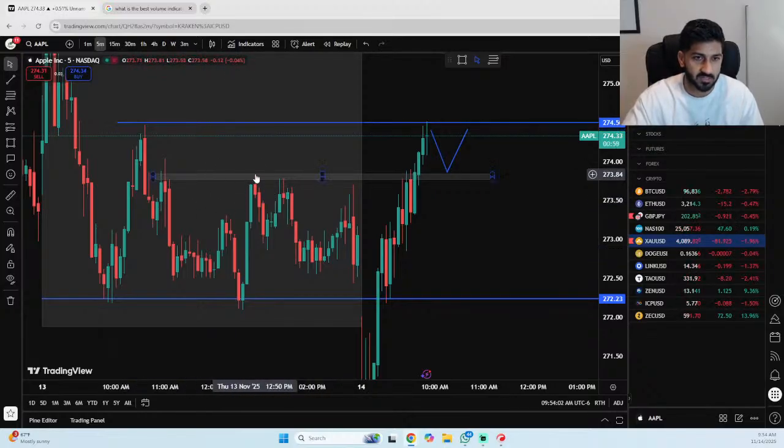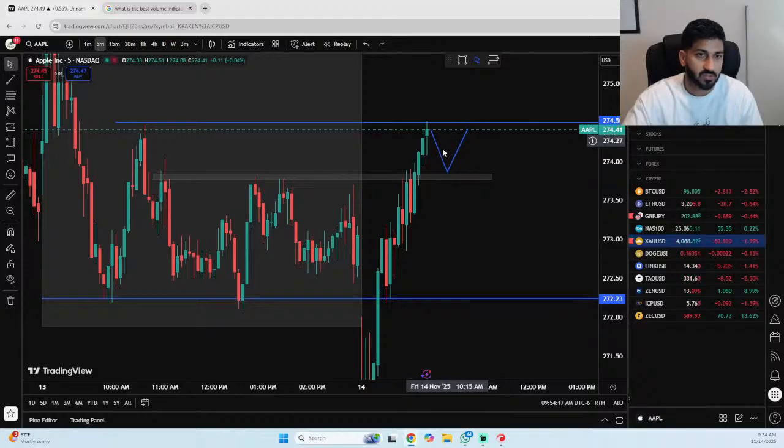See, this gray area was once a resistance. Today is the first time it actually broke above since yesterday. What I would want is price to do a quick retest and continue to push up.